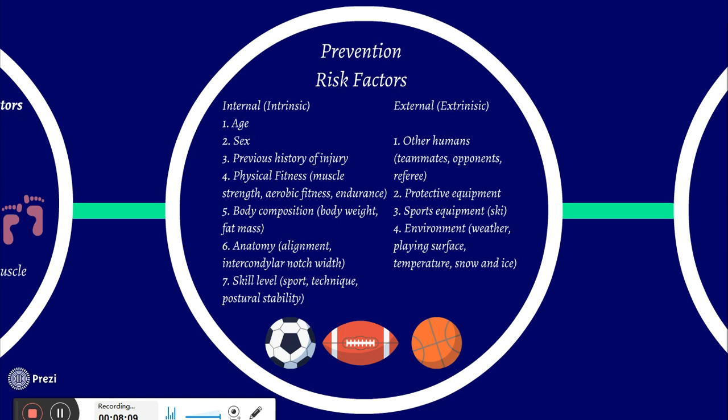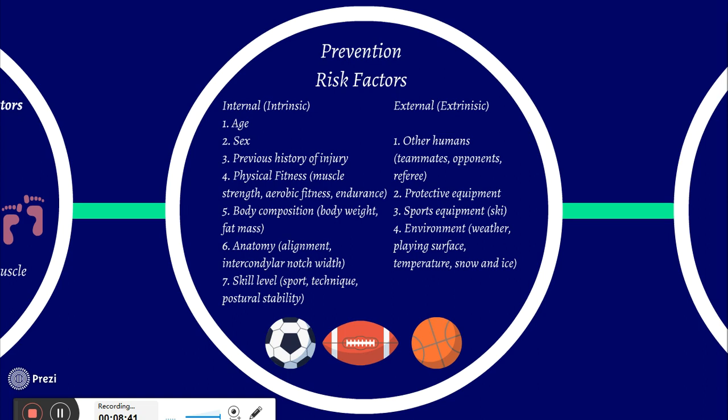And then external, or extrinsic, are things that are happening outside the body but play a critical role in risk factors. Those would be other humans, teammates or opponents, people falling on one another in sport, and protective equipment, helmets or padding. Sometimes they're meant to help, but sometimes they can be harmful, or they can add weight and change biomechanics.